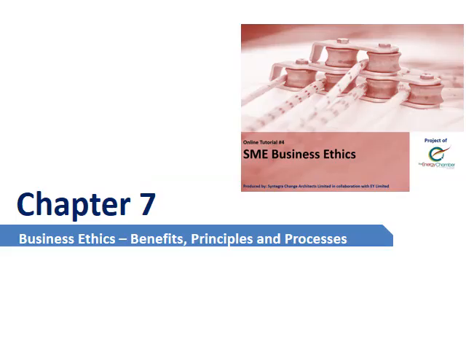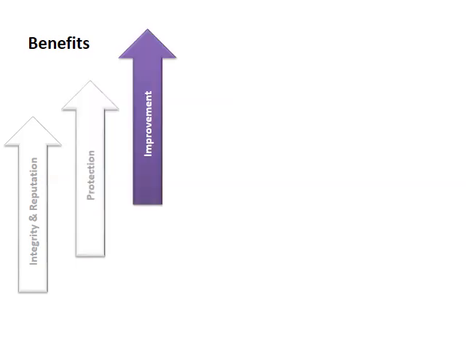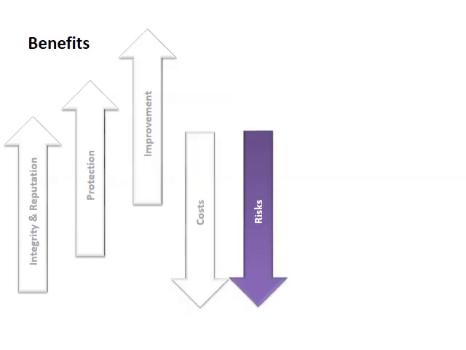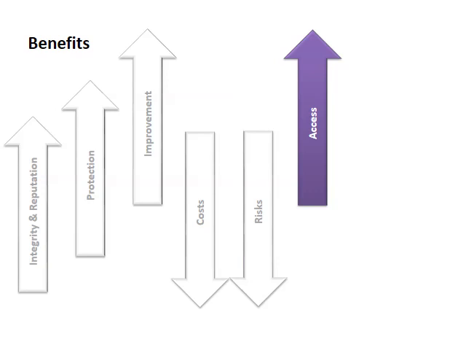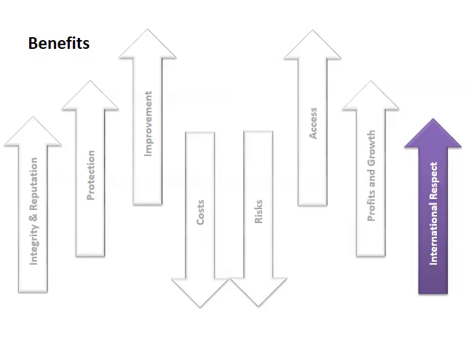Chapter 7. Business Ethics, Benefits, Principles, and Processes. Business ethics programs may benefit organizations in the following ways: integrity and reputation, protection from unethical employees and agents, improvements in performance, productivity, competitive position, lower costs, lower risks, expanded access to capital, credit and foreign investment, larger profits and sustained long-term growth, and increased international respect.